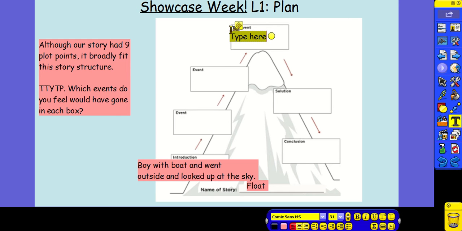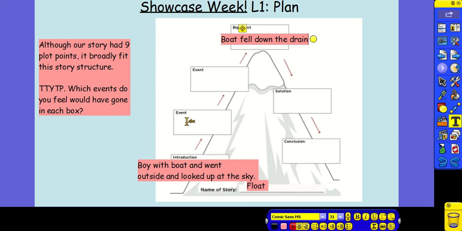Next box, the next box to talk about always is the big problem. So the boy's big problem, his boat fell down the drain. Okay, now we can go back. Once we've had the introduction, we know who we're talking about and we know what the big problem is. Now we can go back and look at the events that built up to that.